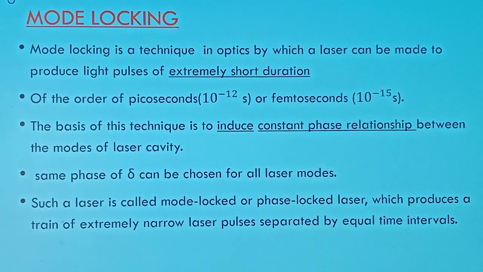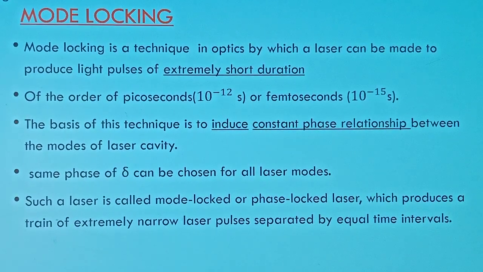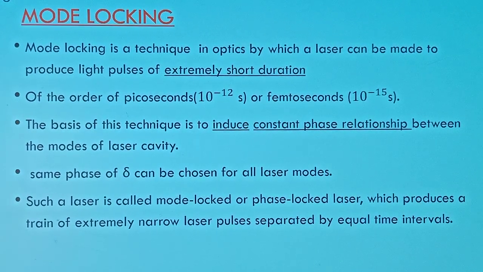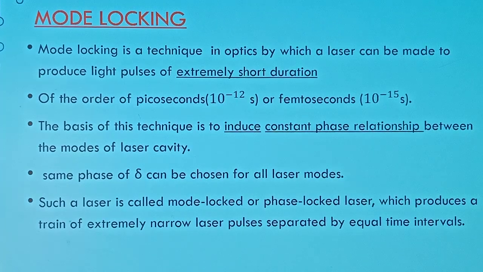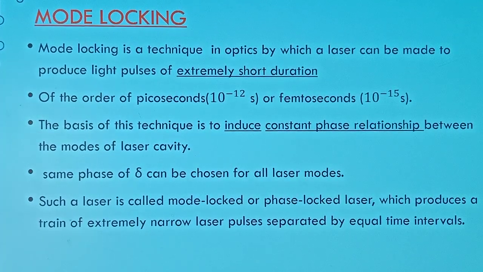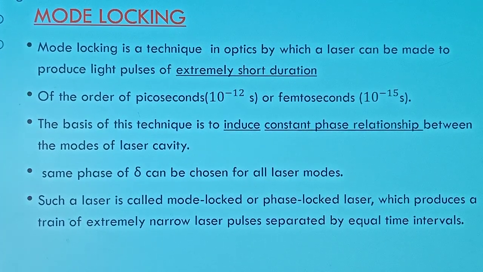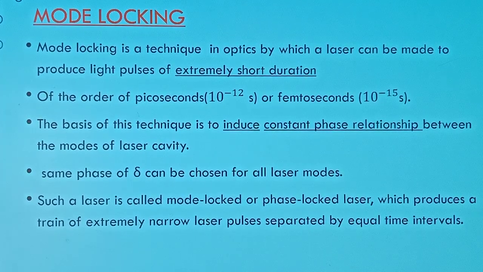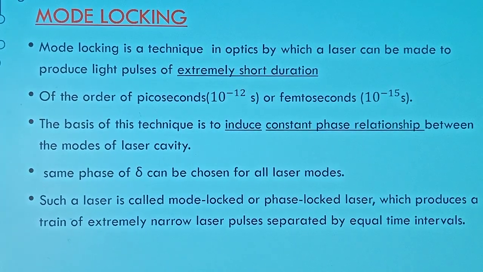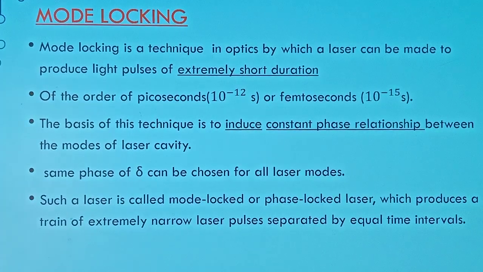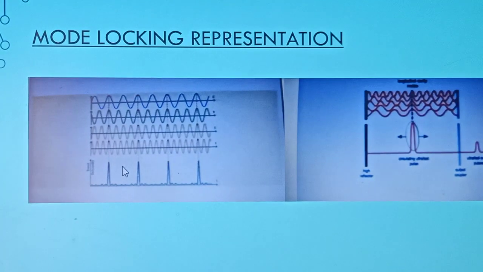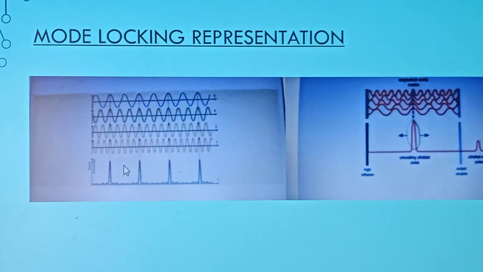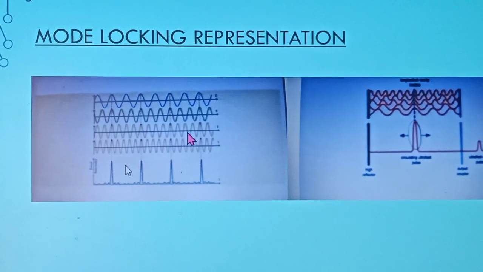So we need lasers which have extremely short duration in order to study these processes. So as I told you, we are going to induce a constant phase relationship between different modes and let that phase be delta. So in the picture I have put two things over here.